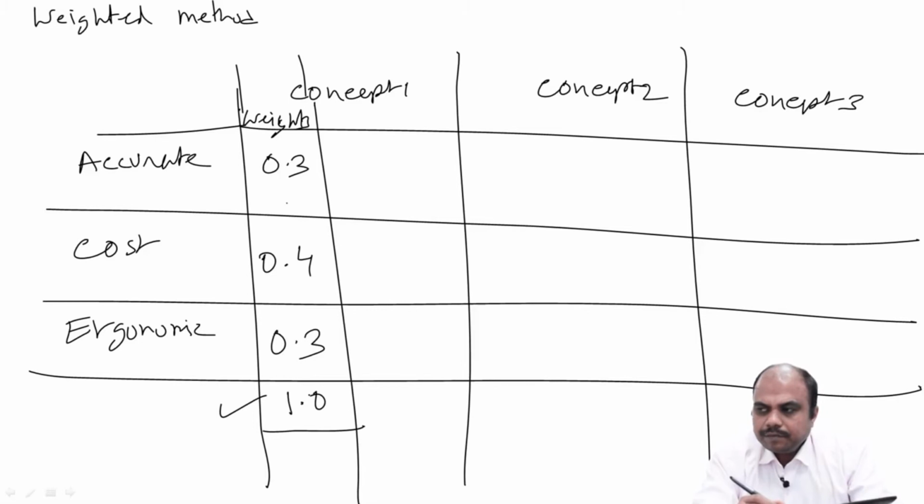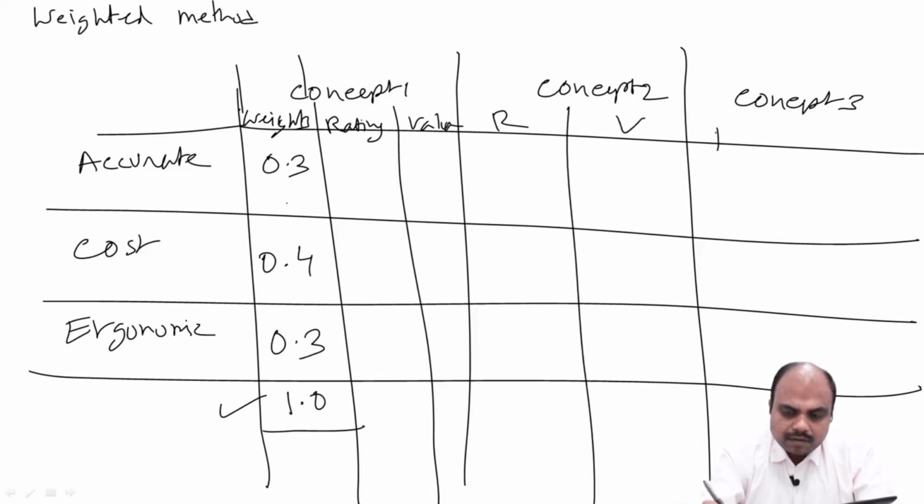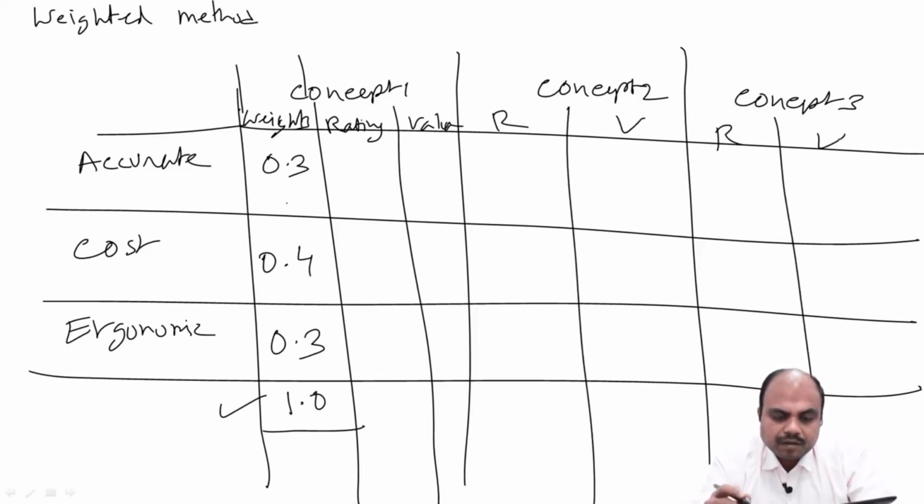So now we are going to give ratings and then value, then ratings, value, ratings, value. So take for example, for first concept we have the ratings as maybe out of 5. So it is quite accurate, so we give 5 out of 5.